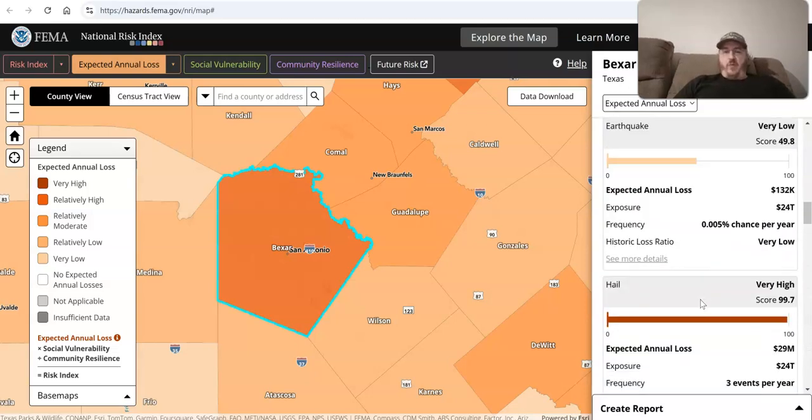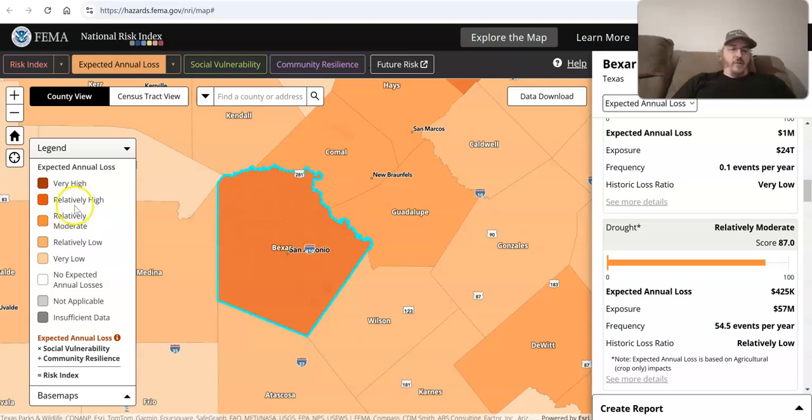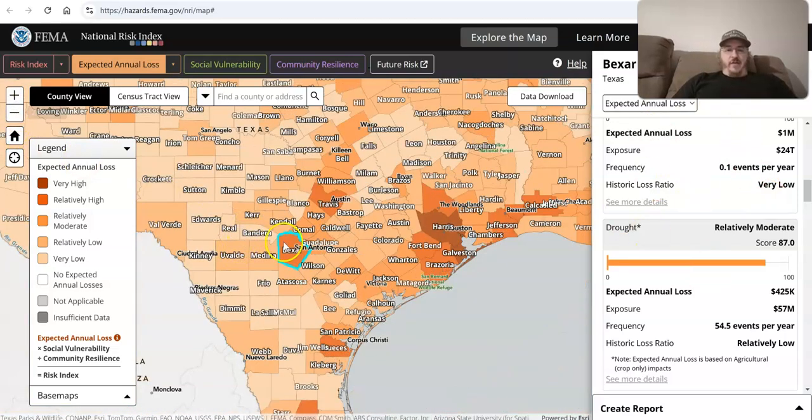But when you see, okay, this is dark, it looks like we have a relatively high expected annual loss. It's not until you really dig into those numbers that you realize, well, okay, I'm not at all worried. One of the reasons I picked San Antonio when I moved here is because of the market. I looked at a lot of different stuff as far as investing in real estate here, because that's how I made a living, selling investment properties and investing in property.